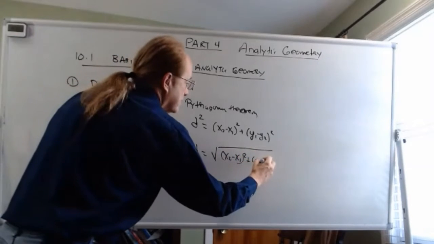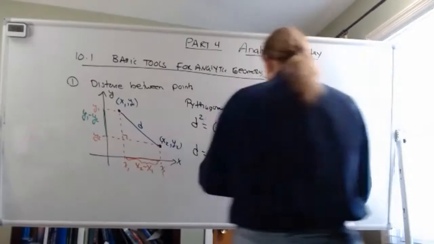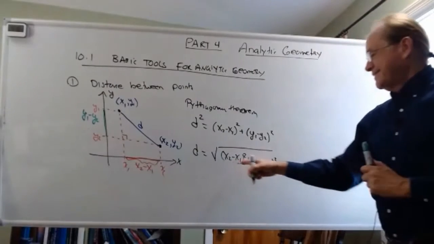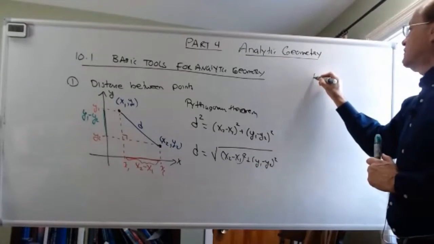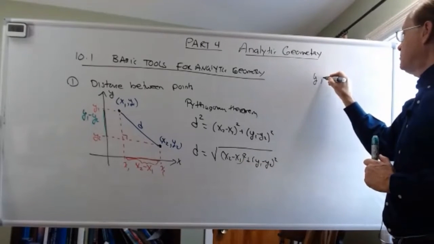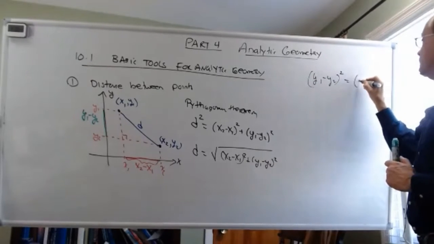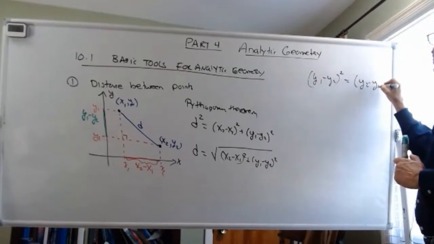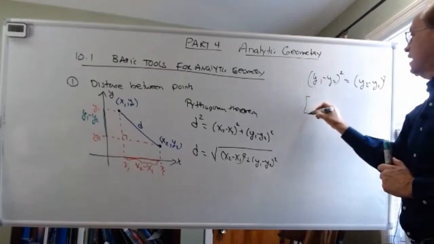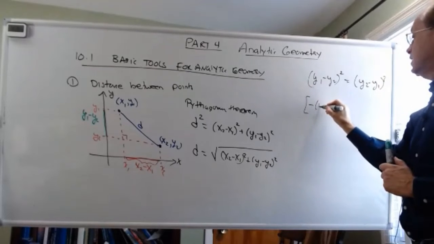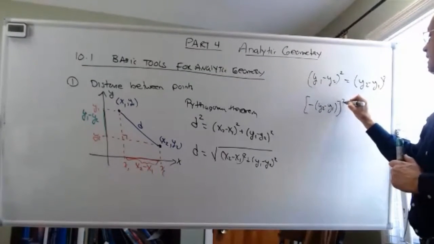And I'm going to make another simple observation over here. Notice they look similar, but the 2 comes first and then the 1 comes first. But if I look at this, I notice that y1 minus y2 squared is equivalent to y2 minus y1 squared. Well, why is that? Well, I could factor out a negative inside of that. Right?